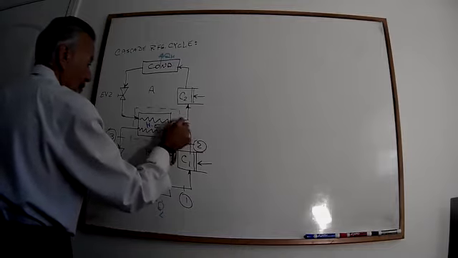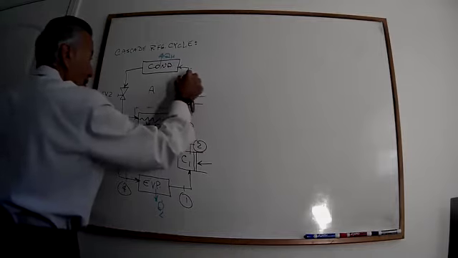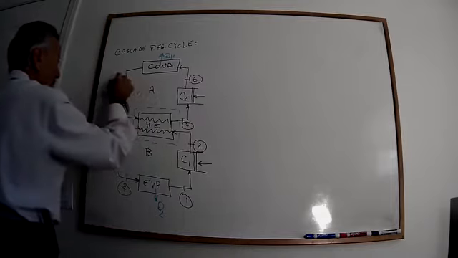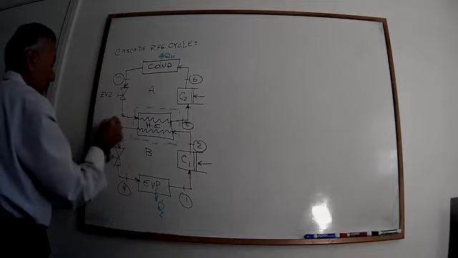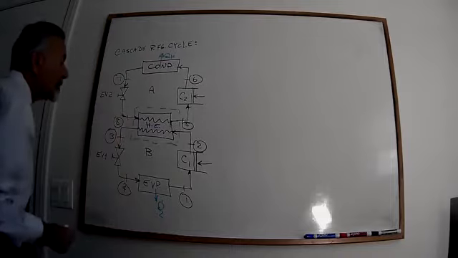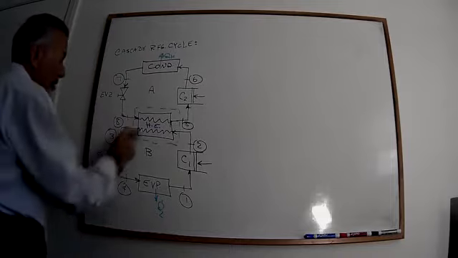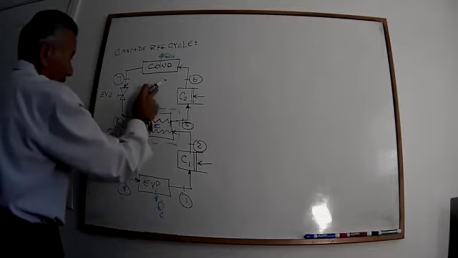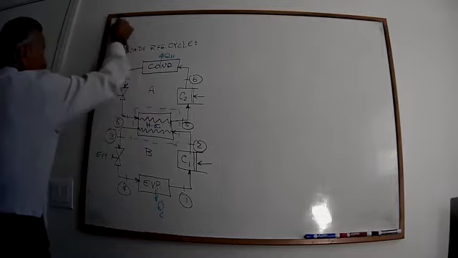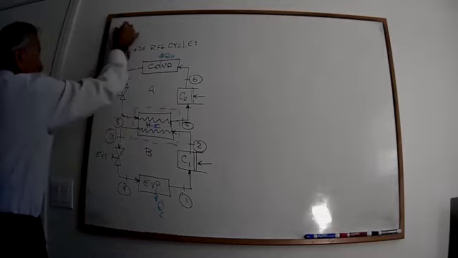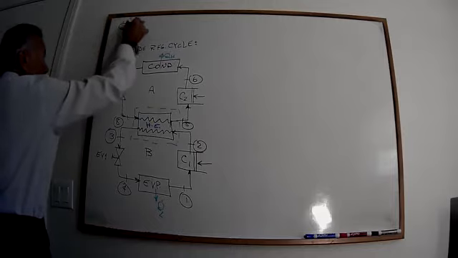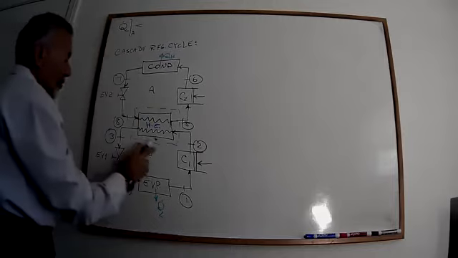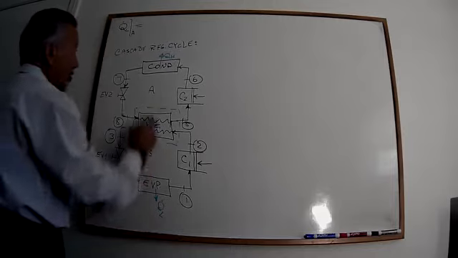This would be 5, 6, 7, and 8. Now, the QL of cycle A has to be equal to the QH of cycle B.